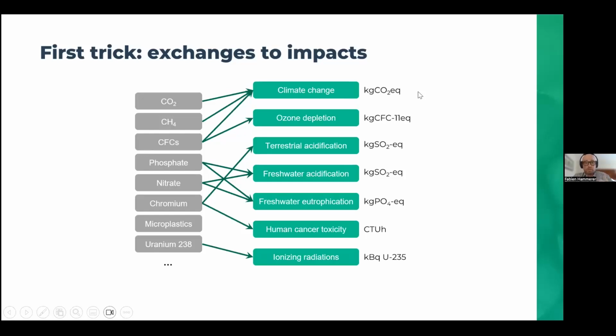This is probably one that you've run into. We can do the same thing with ozone depletion by selecting a specific CFC, in that case CFC 11, and normalize all the ozone depleting substances according to that unit, so we can aggregate the impacts of all ozone depleting substances. And we can do that for all these direct impacts, which are called midpoint indicators of impact.